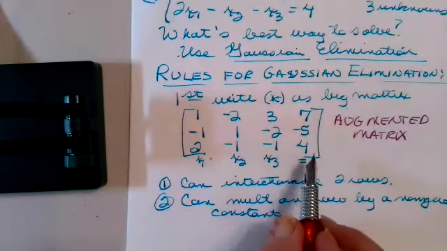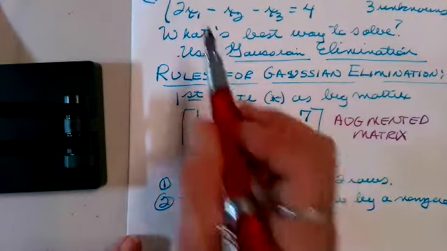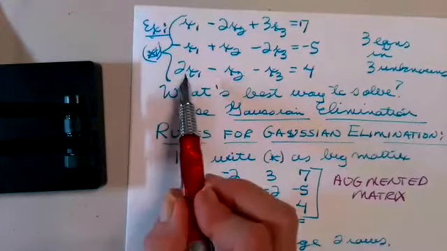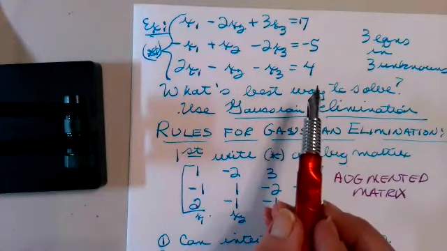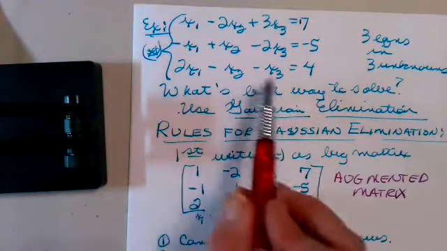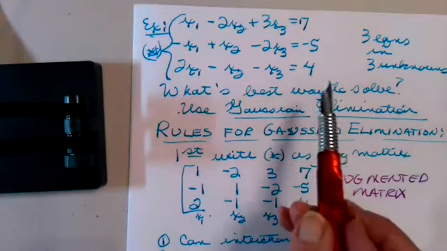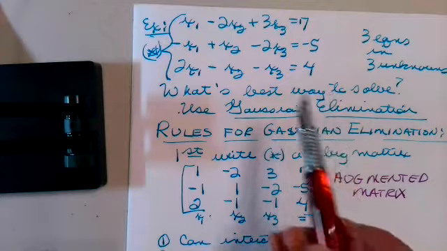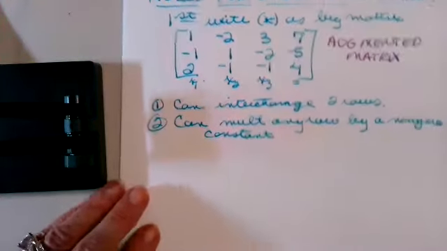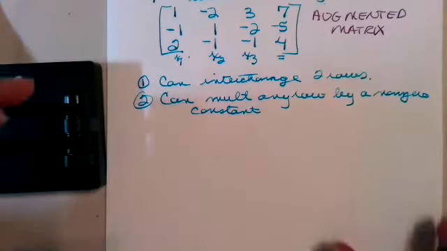Because multiplying any row by a constant, remember, a row corresponds to an equation up here. So if I multiply everything in the equation by the same constant, by the distributive law, then you haven't changed anything. That's just the way the algebra goes, by the distributive property.